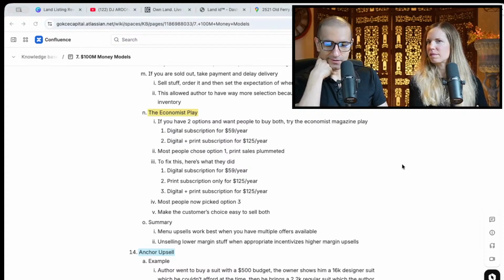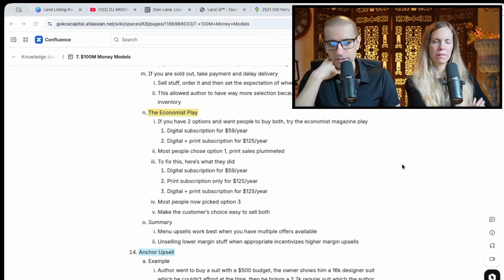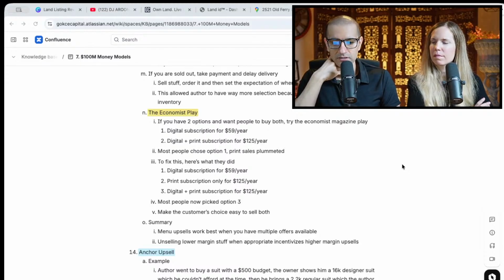Genius. So most people pick the third option, and it made the customer's choice easy to sell both. Yeah, they made it easy. Can we apply this?